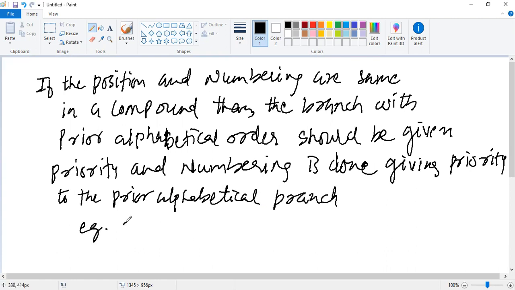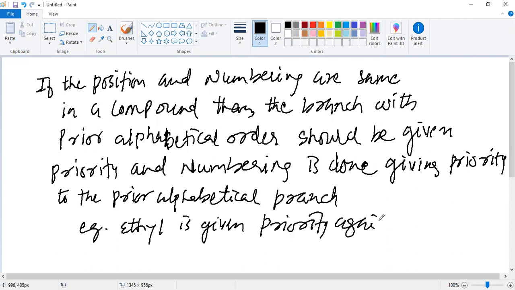Example, ethyl is given priority against methyl this way. So that is what we have done, and this is how, my dear students, we do the numbering to the various compounds.